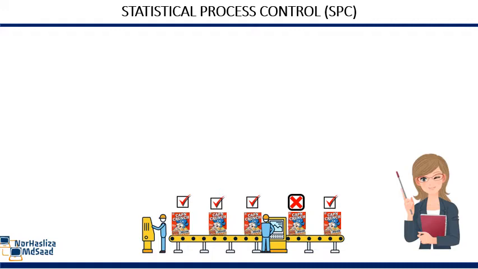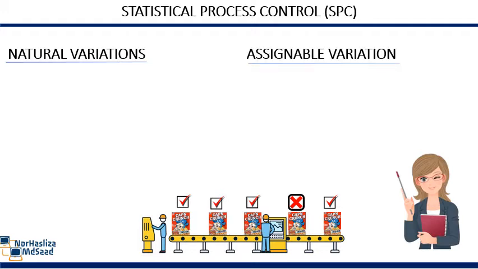We know that inside a process there is going to be variation. It could be natural variation or assignable variation. Natural variations affect almost every process and are to be expected.